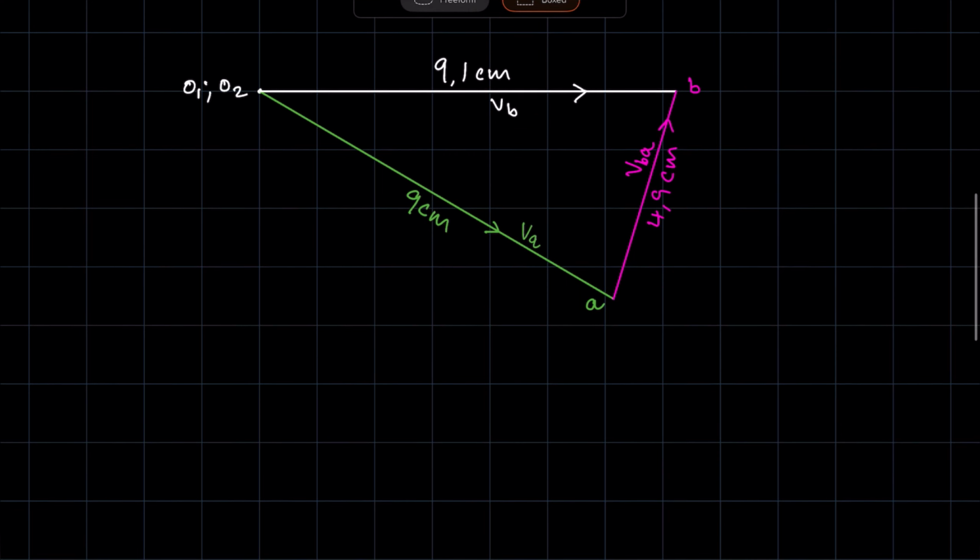So the measurements you would write on the outside of each vector, and then the labels as to which velocity vector we are looking at, those you put on the inside.